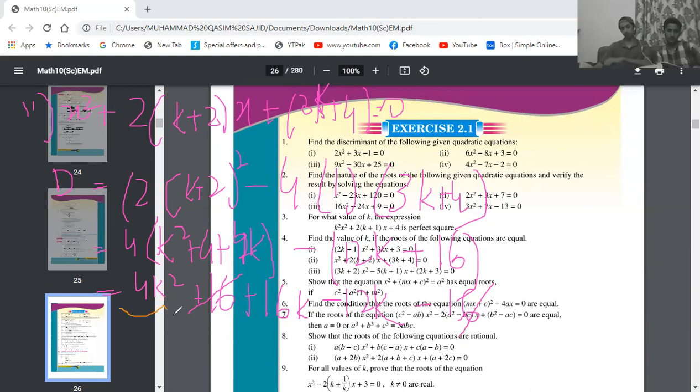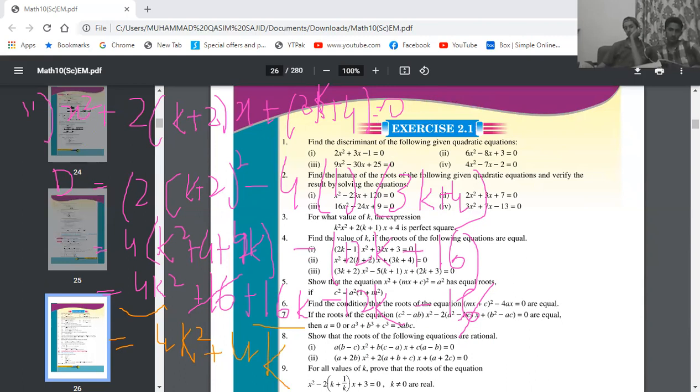There is only one k square, that is 4k square. Then the second is 16k minus 12k, so the value is 4k.